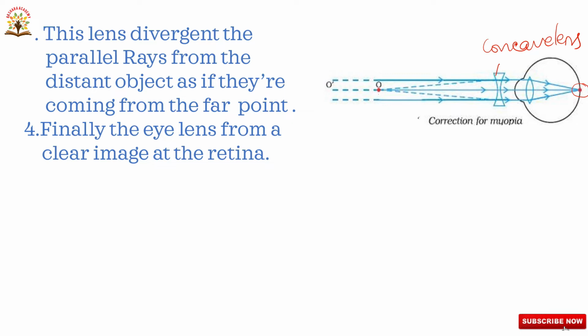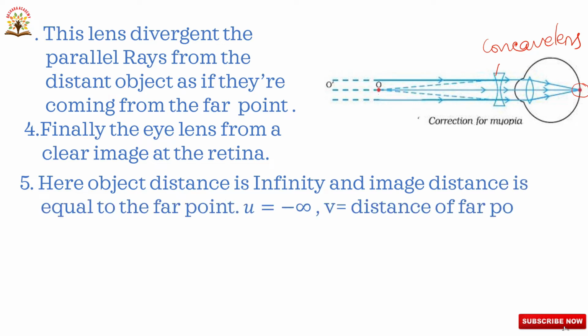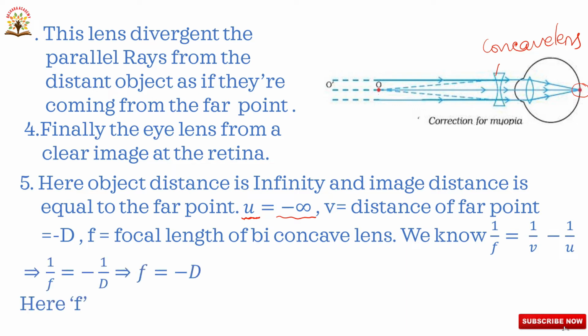Next, how can you calculate the focal length of this concave lens? Let us see. Here the object distance is infinity and the image distance is equal to the far point. Object distance is denoted by the letter u. u is equal to minus infinity. Why? Because according to the rules for sign conventions, we are using minus.